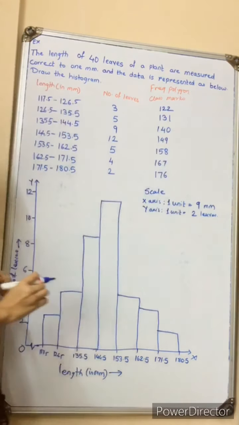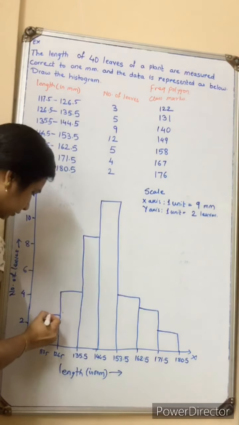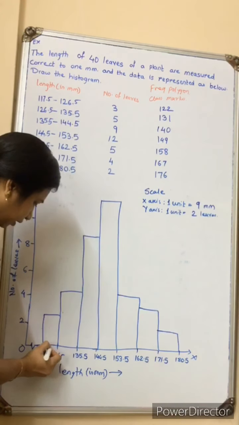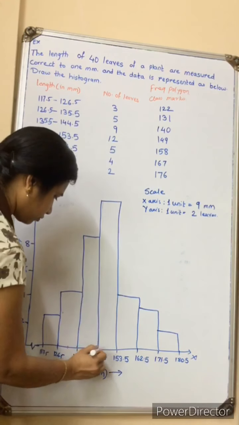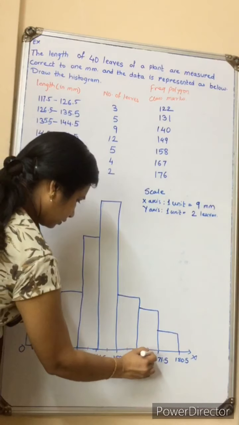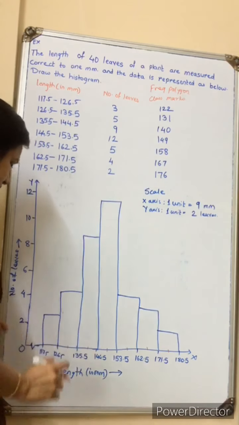So here are the class marks, the mid values. You just need to find the center value. Here, in between on the x-axis, you will get the mid values.